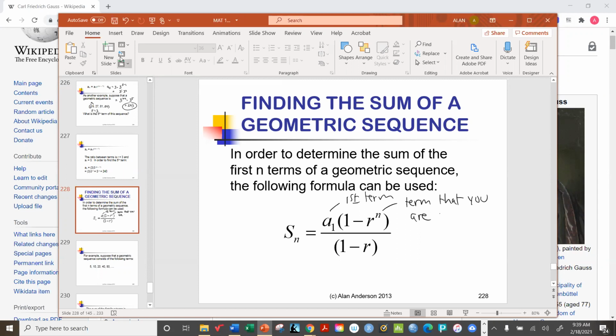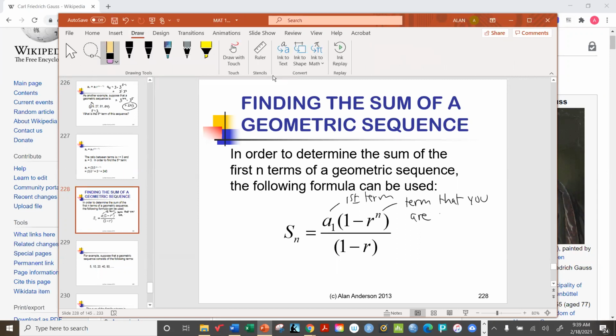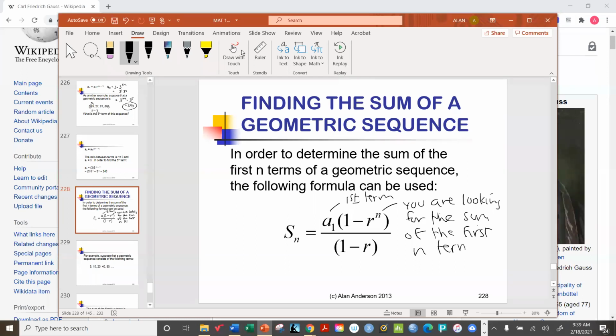Let's just express it as: you are searching or looking for the sum of the first n terms. And of course, this is the sum. R is the common ratio.